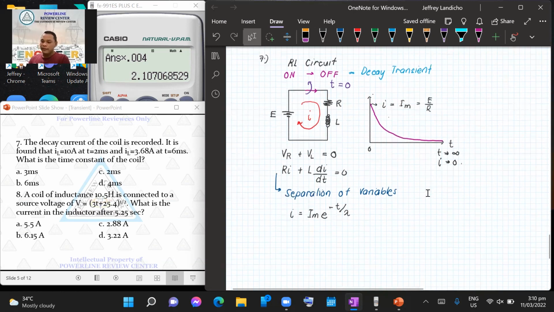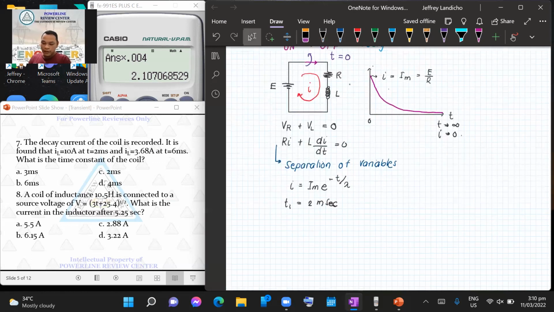As time approaches infinity here, the current decreases. So therefore, for problem number 7, the decay current of the given coil, that is our RL, after the switch is closed or open rather at time equal to 0, after a certain period of time, t sub 1, we have found out that after 2 milliseconds from the time the switch is opened, the current in the given circuit is still what? Let's say 10 ampere.